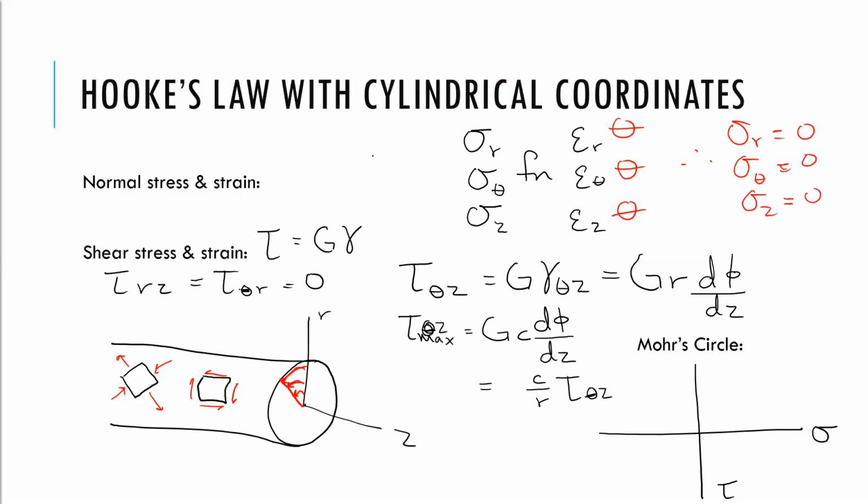Where's your center going to be? At the origin, because your average of 0 and 0 is 0. And then you're going to plot sigma x and tau. So it's going to be one on the tau axis. Yeah. Which I think I know why you said that it was a line.